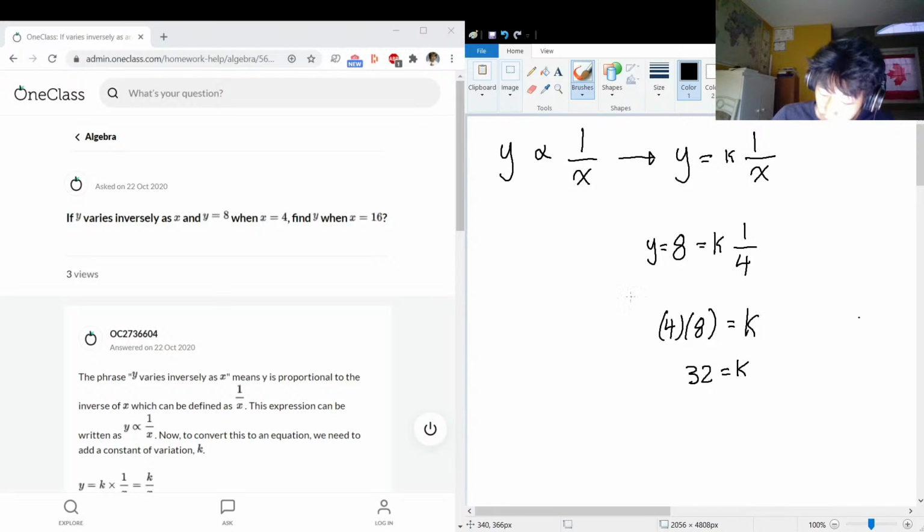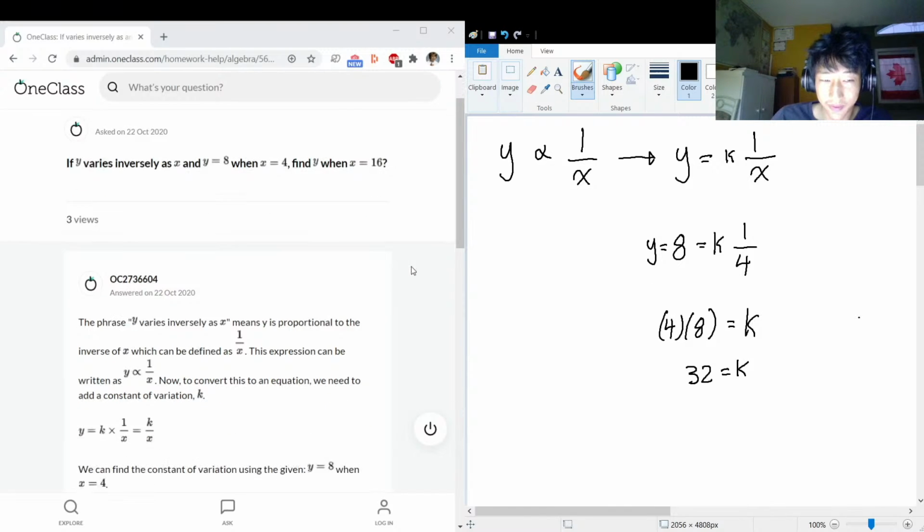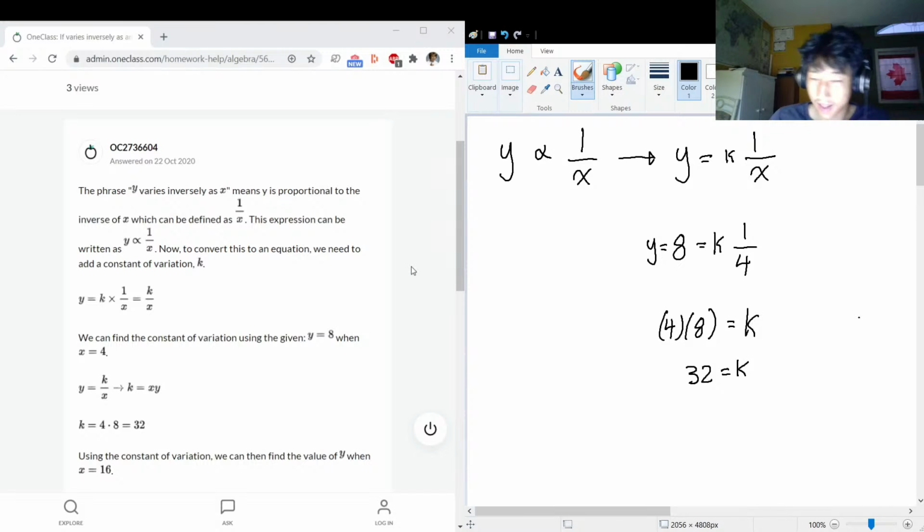Oh, that makes sense. If k is 32, that means the right side is 32 divided by 4. Yep, sounds about right. Does the solution say that? Yep. Okay, so we know what k is. So we know that y is just equal to 32 divided by x.